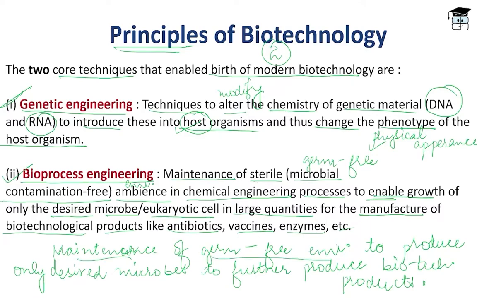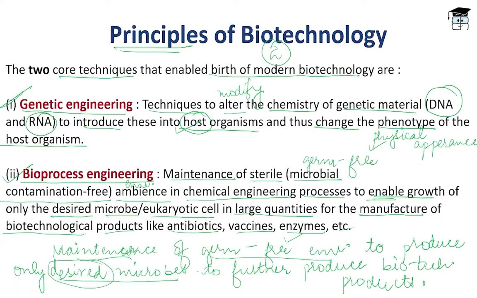Now, in this germ-free environment, what will happen? Genetic engineering will happen, right? Modification of the DNA will happen, and the desired microbes will be grown. Only the desired microbes, right? That is why it is germ free or microbial contamination free, so that there is no contamination and no extra microbes are grown.